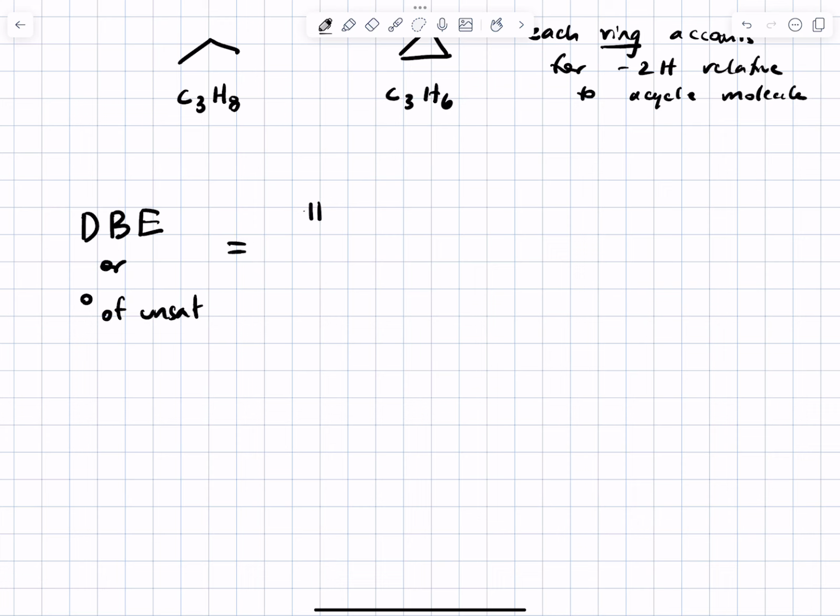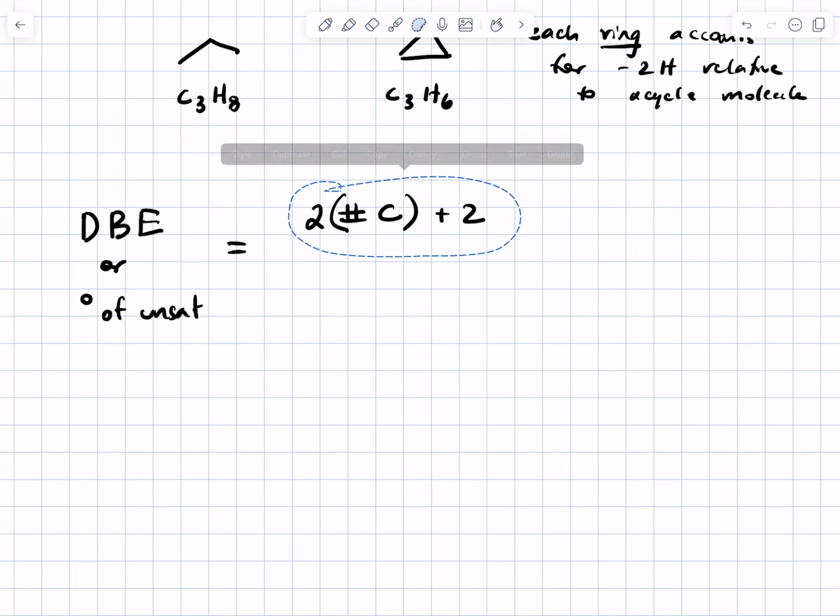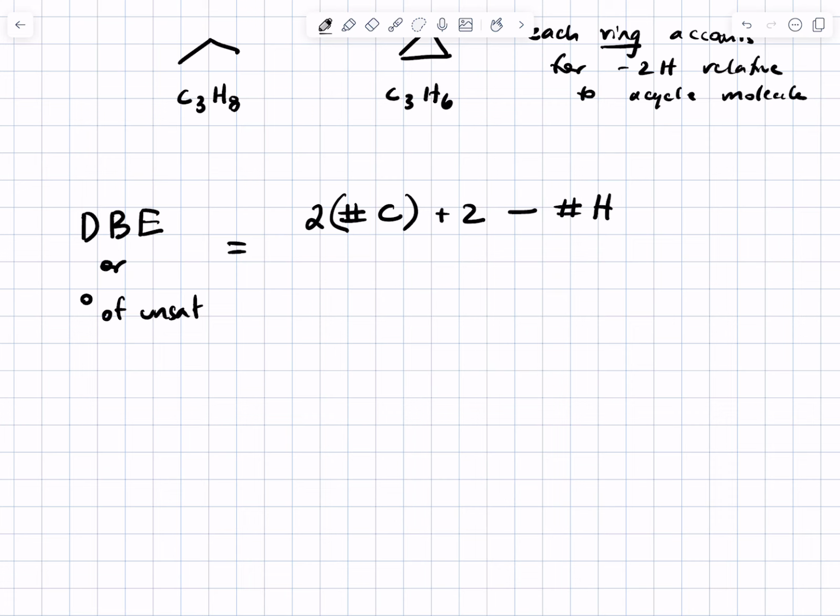You take the number of carbons in a structure, you multiply it by 2, you add 2, that's the number of hydrogens that you expect in a saturated alkane that's acyclic. Then you subtract the number of hydrogens that you actually have, and then you divide by 2. And that will give you the number of pi bonds or rings that a molecule must have.